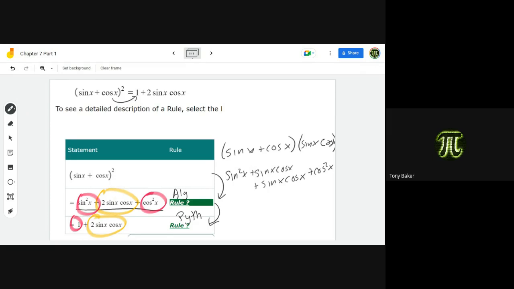Because sine squared x plus cosine squared x equals 1. That's one of your Pythagorean identities. And that's how they go from that step to that one.